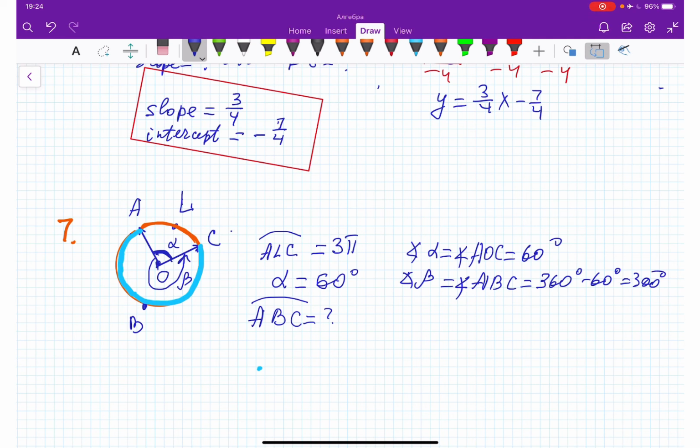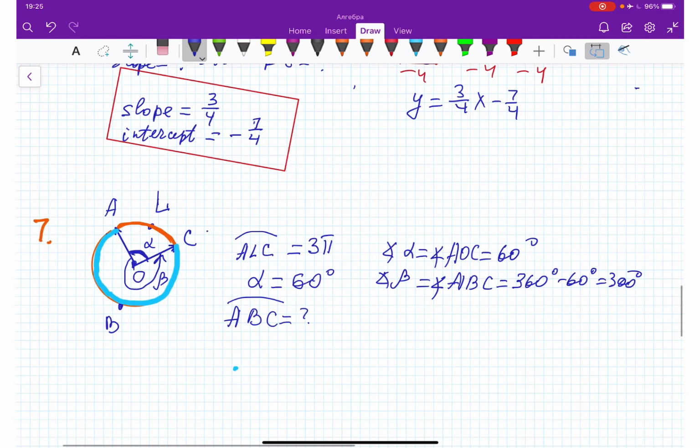Okay. So from here, I'm going to make a proportion. Angle alpha is related to angle beta the way arc ALC is related to arc ABC.